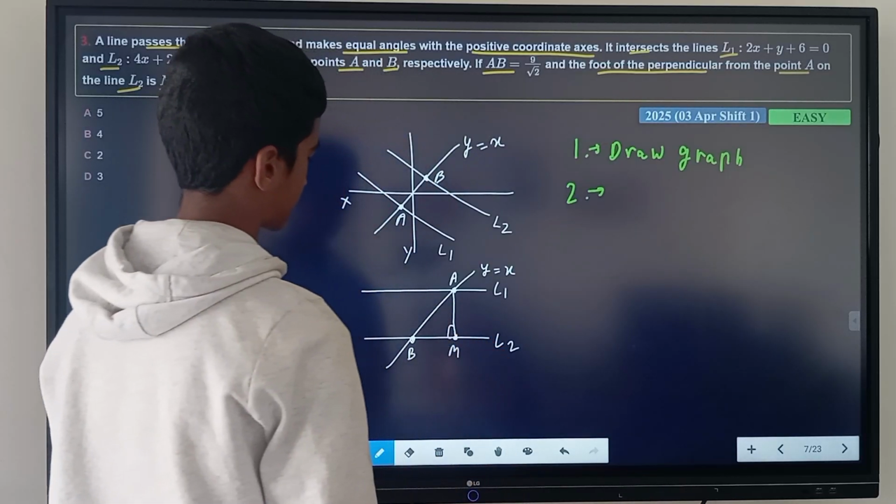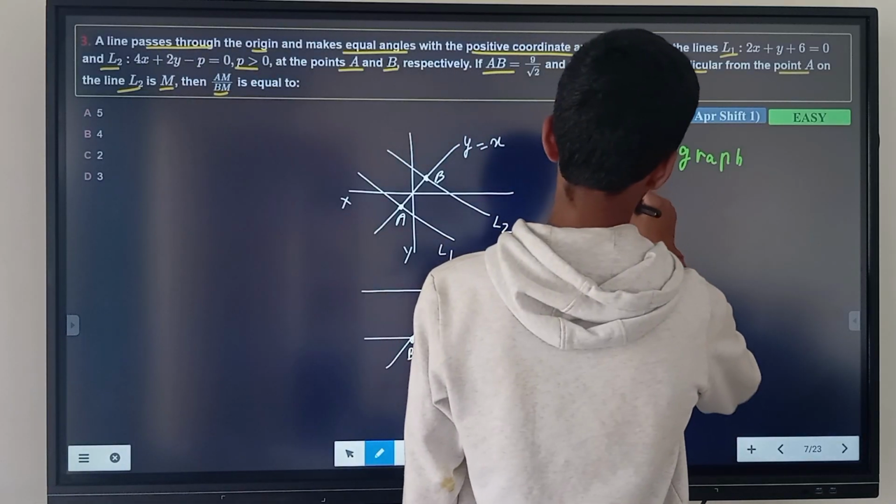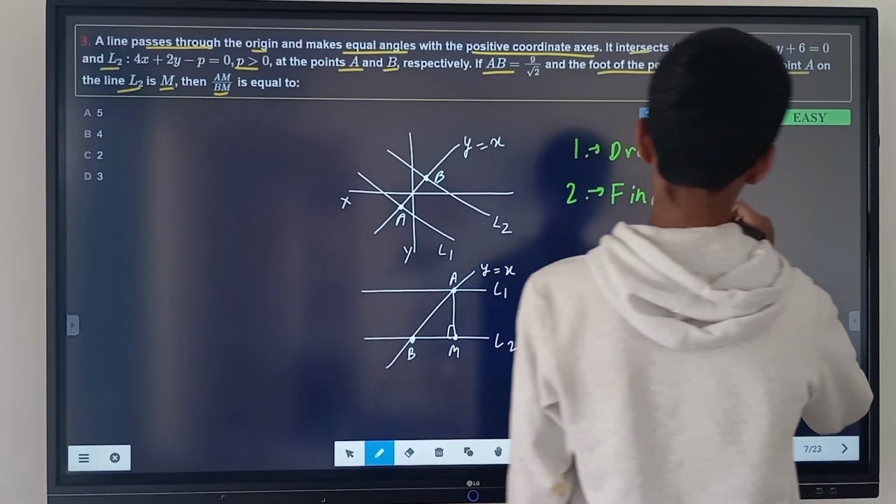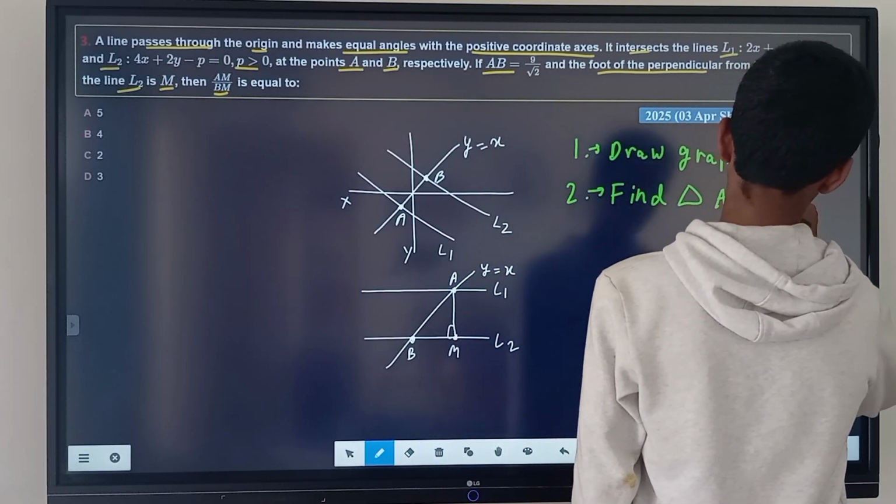Now, from here, second step will be find triangle ABM.